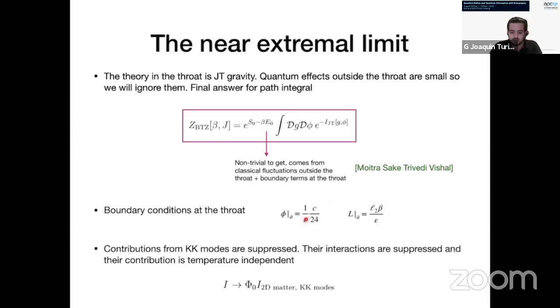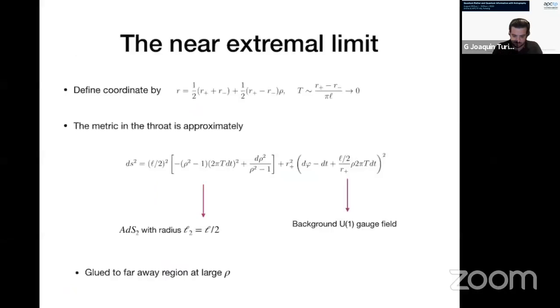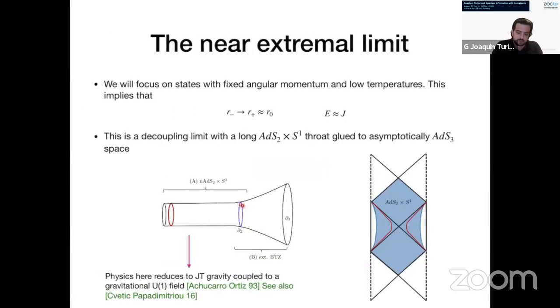So epsilon basically parameterizes at which point. So let me see. Epsilon is the position of this blue line where you glue the throat with the far region. And if this is very large, then the answer will be independent of it.